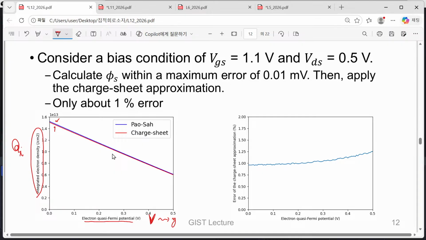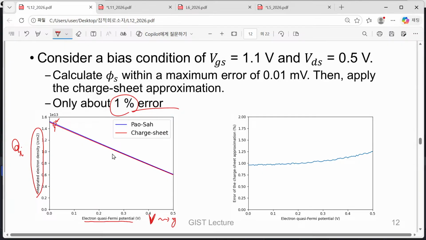Can you recognize the difference? Here, although we have a small difference, the difference is really small. So now you can see that in this case about 1% error is occurring in this Pao-Sah integral.